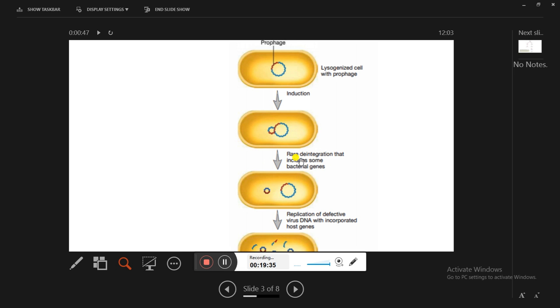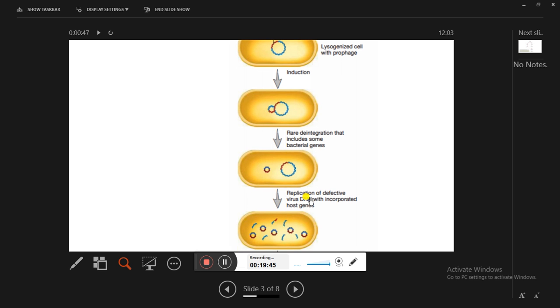In rare disintegration, some of the bacterial genes are excised with the phage genes. Okay, replication of defective virus DNA with the incorporated host genes.